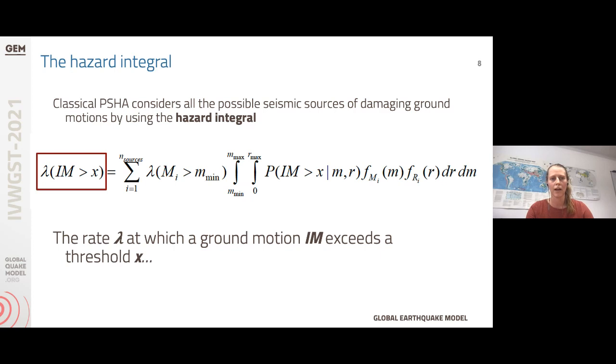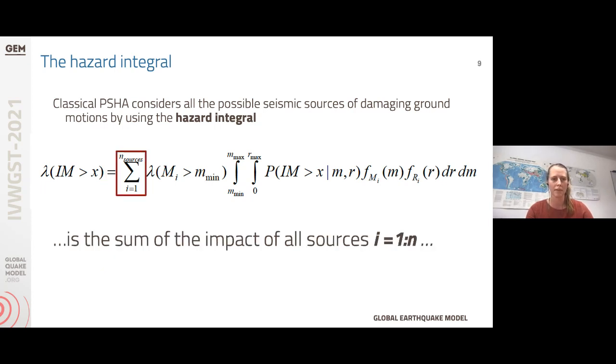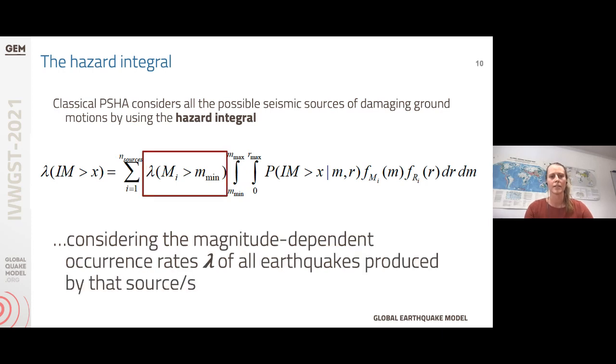So this is a set of values of x usually, and each one has a corresponding rate or a probability. And this is actually the sum of multiple integrals that each correspond to a seismic source and consider the magnitude dependent occurrence rates of all the earthquakes that that source can produce.